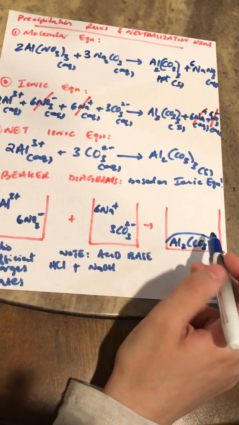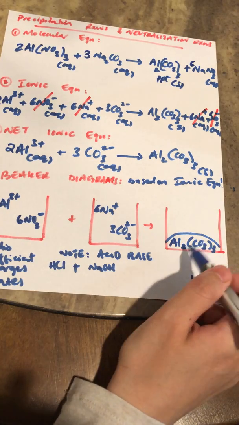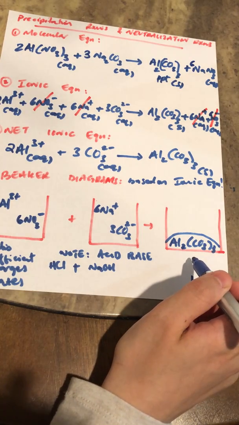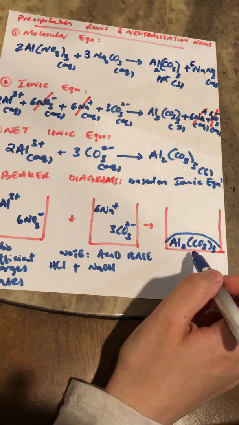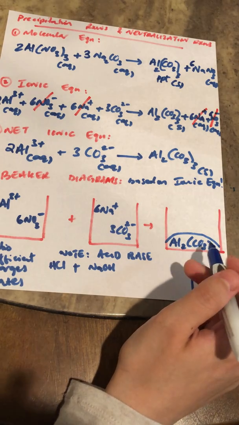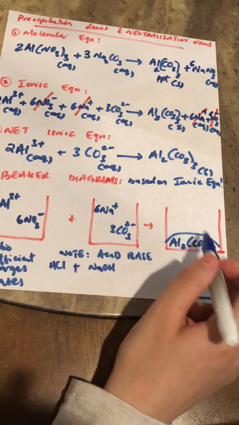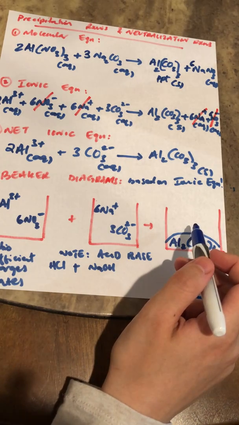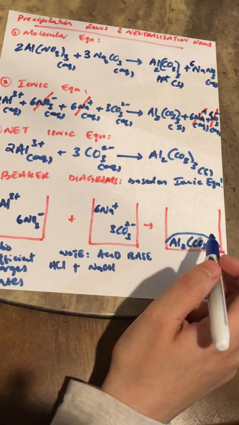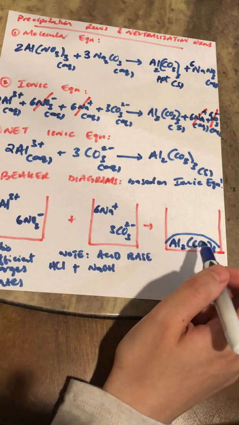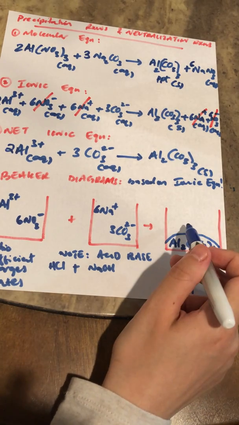Now keep in mind, this happens 95% of the time or more. So 95% or more of the time, it will stay as a solid and it's not going to break into its individual ions. But there's a 5% chance or less that these ions are going to break into solution.